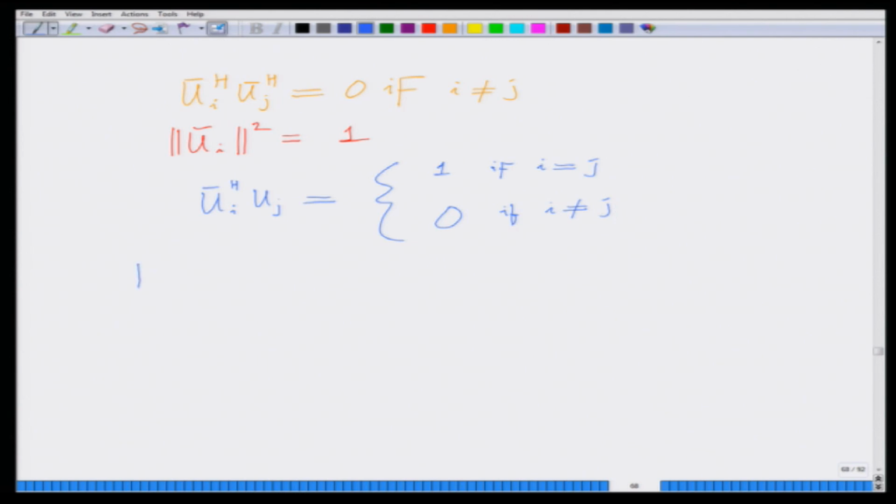Therefore, this property is stated as follows: the columns ui bar are orthonormal.